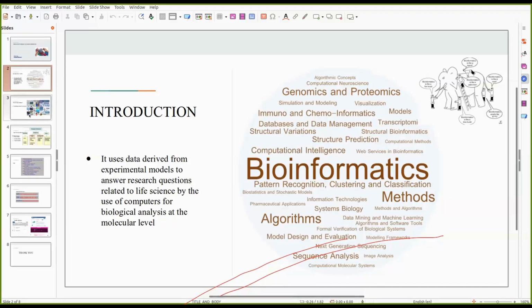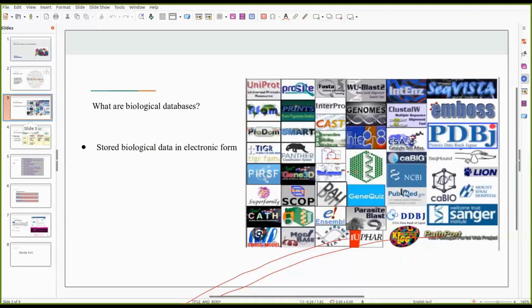To start with, these are the available biological databases. For protein or for enzyme, the common database is called PDB, Protein Data Bank. I don't know if you can see my cursor.